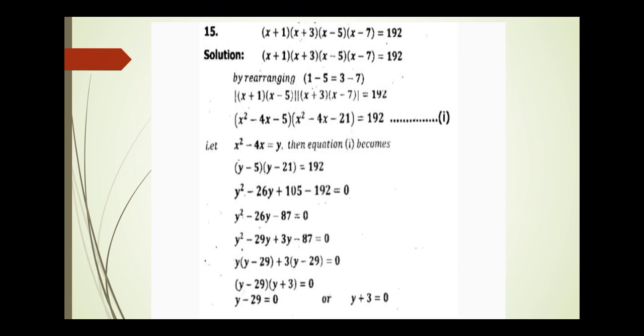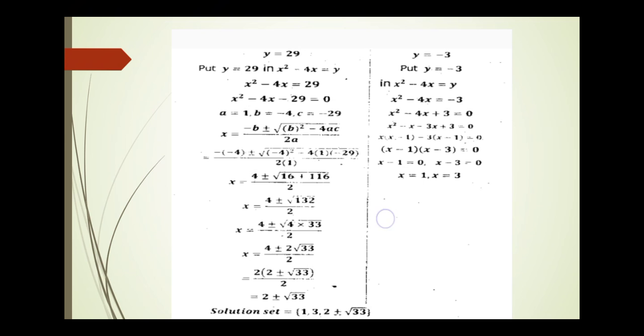Both are giving the same answer, so we will combine these two terms, and after multiplying these two terms, we will put x squared minus 4x as y, and we will get our next equation, and after solving that equation, we will get two answers of y. Then we will put back the values of y, that is x squared minus 4x. There will again be two equations, so we will solve them one by one, and we will get our complete answer.